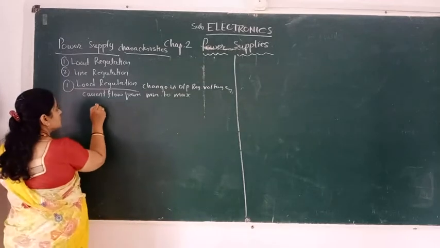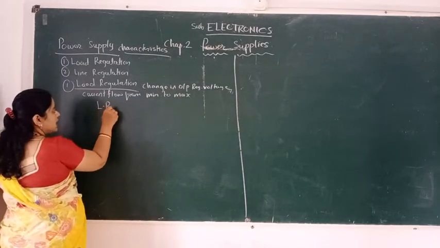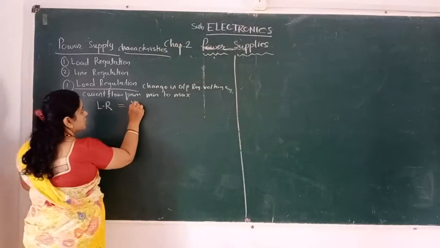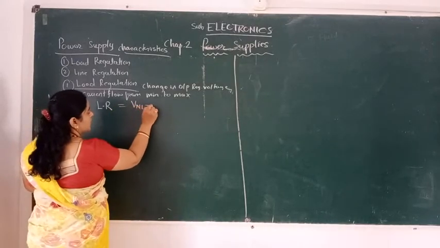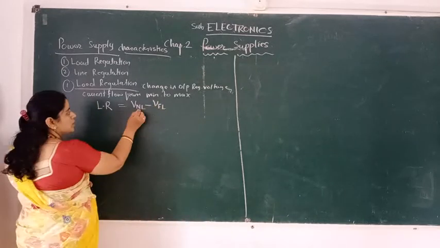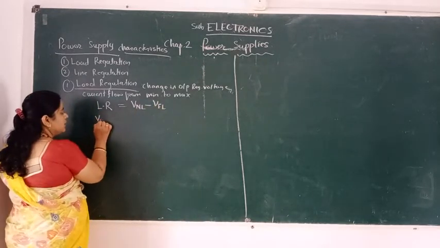Load regulation, that is LR, is indicated by VNL minus VFL. So what is VNL?